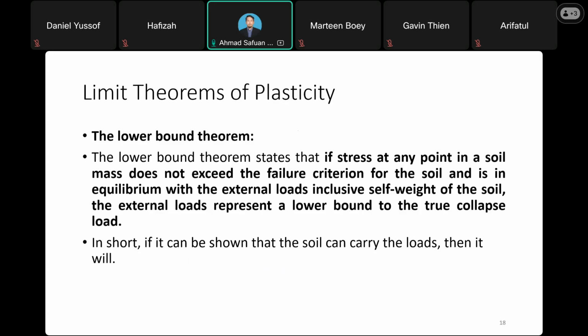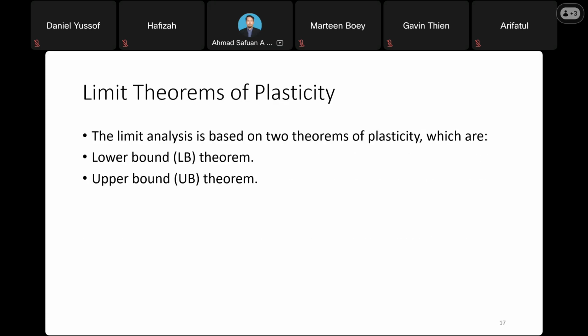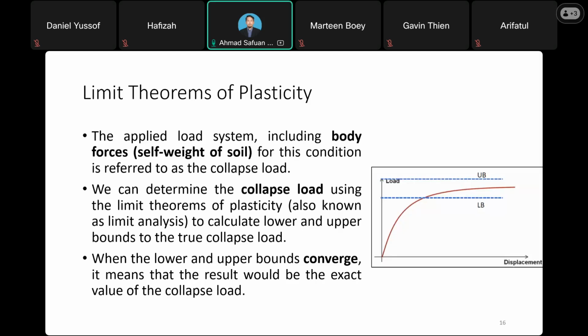Because the lower bound is still lower than the collapse load. So this is the actual capacity that can be retained by the soil. So the lower bound is lower compared to the ultimate value.